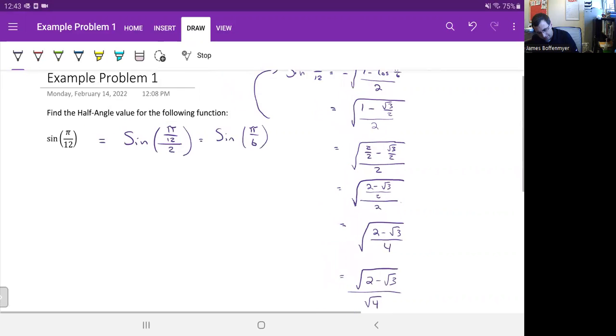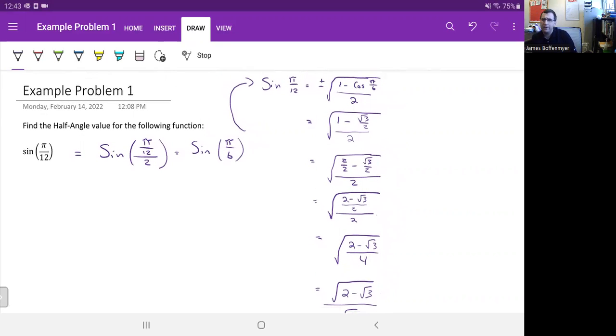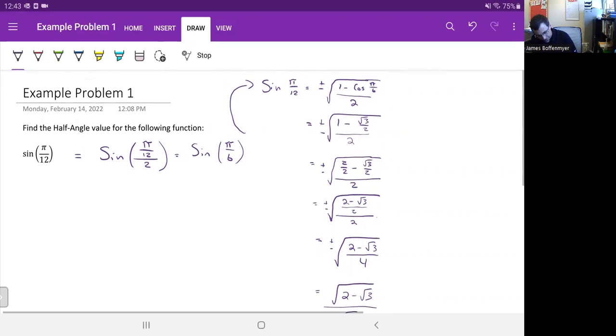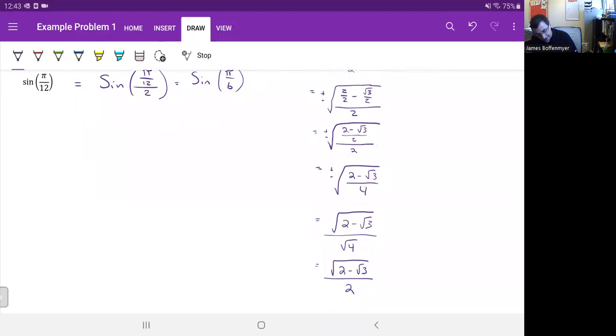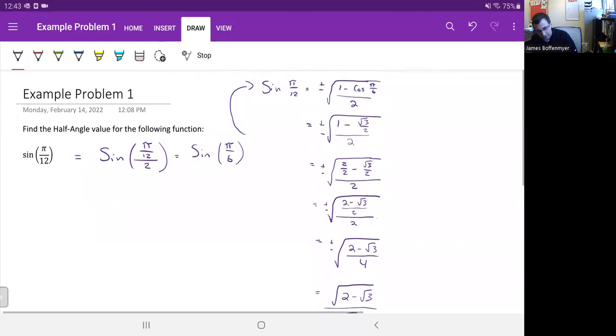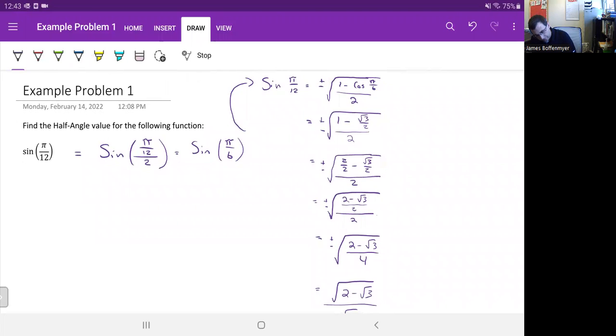Now, something I do need to mention. At the very beginning, I started off with a plus and a minus, but I didn't keep it going. Maybe I should have. The reason why I didn't keep it going is simply because pi over 12, what we started off with, is located in the first quadrant.